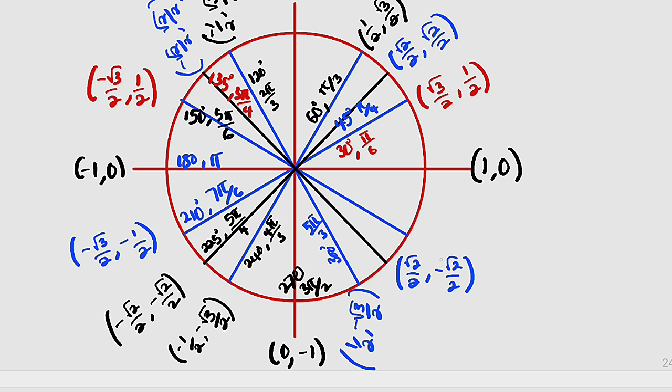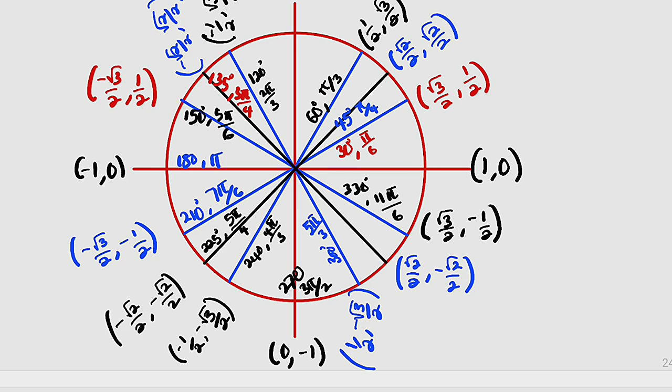So second to the last one, which is 330 degrees, will correspond to this one. X is positive, but y is negative. So for x, we have root 3 divided by 2. For y, we have negative 1 over 2. So this is 330 degrees or 11 pi divided by 6.